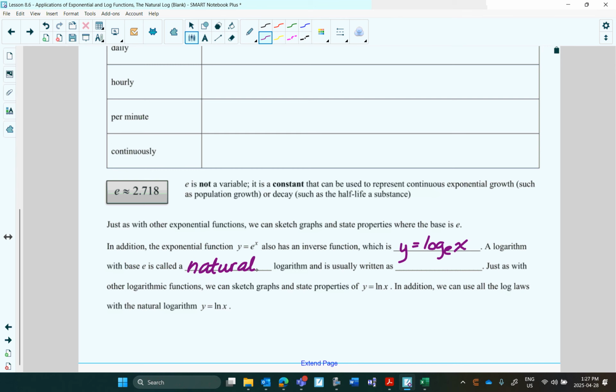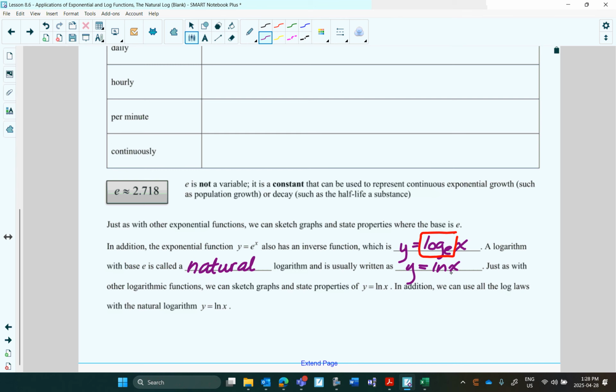And instead of log e, we write this: y equals ln x.